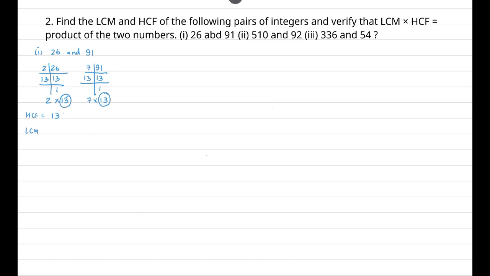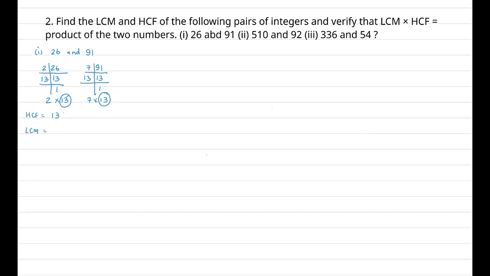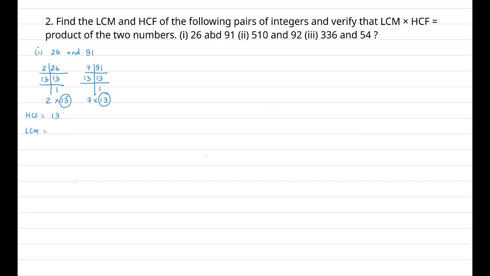Least common multiple. For the least common multiple, there is a rule: each common factor gets one spot in the LCM.